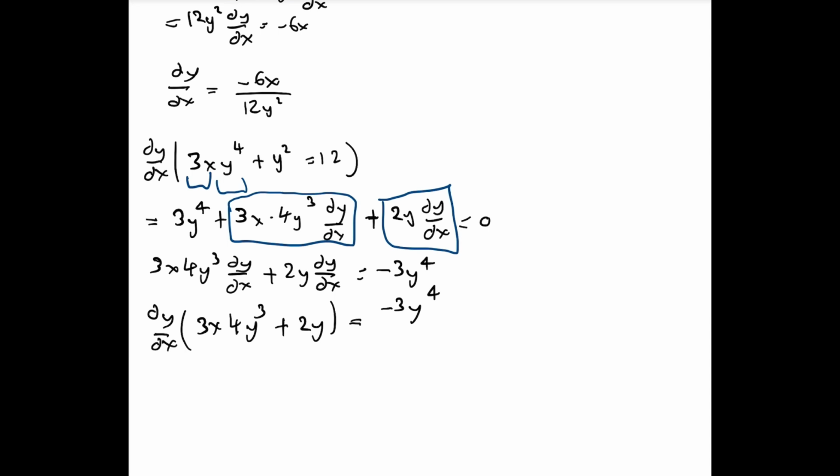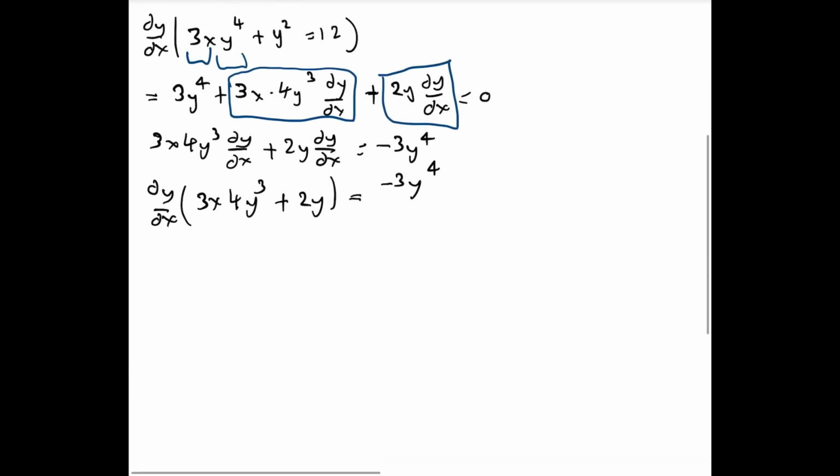Now all I do is divide by the things in the bracket, and then I've got my answer. So dy/dx equals minus 3y to the power of 4 all over 3x times 4y cubed plus 2y.